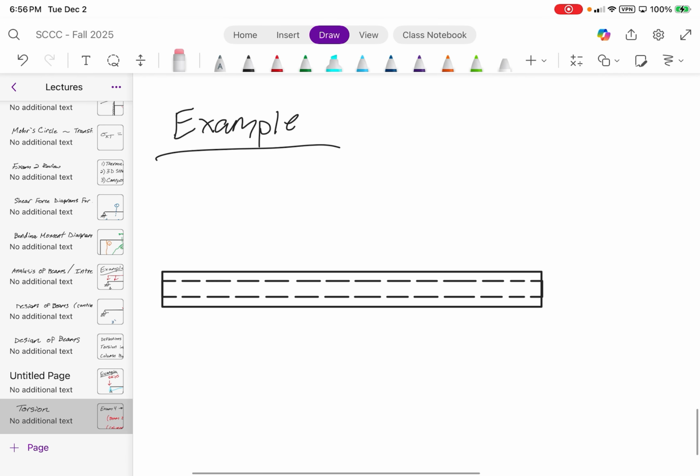All right. This has an outside diameter of around 2 inches and an inside diameter of 1 inch.